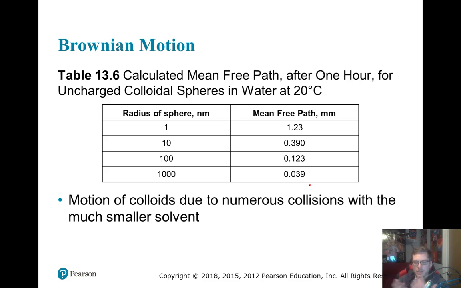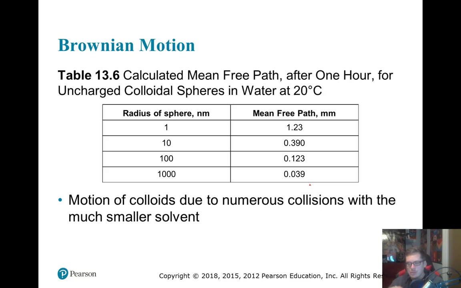Eventually, we now know that those bigger pieces that we can see with the microscope are getting hit by smaller particles that we can't quite see, and they're surrounded by these smaller particles on all sides. As they get hit from all sides, it changes their path around. We can see this pretty easily by looking at fog or smoke, so we can really see Brownian motion at work fairly easily.